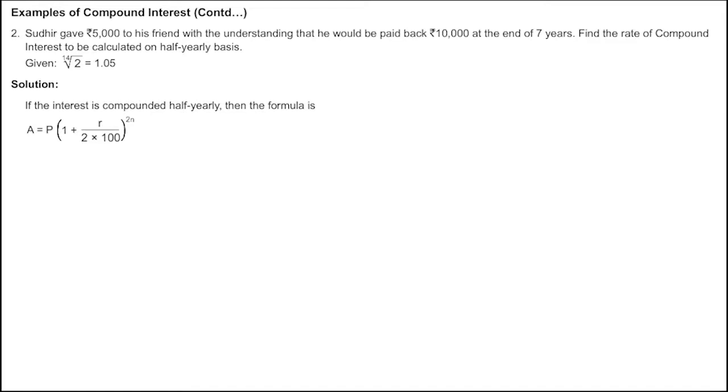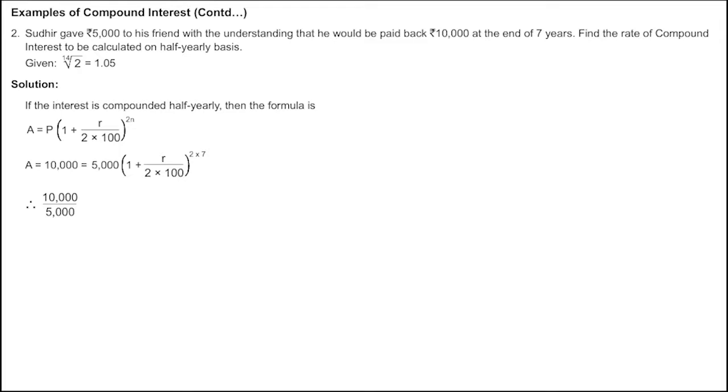So substituting all these values, we get 10,000 equal to 5,000 into 1 plus R upon 2 into 100 whole raised to the power 2 into 7. So when we take 5,000 on the left hand side, it goes to the denominator, because on the right hand side there is a multiplication sign between the first term, that is 5,000, and the second term, that is 1 plus R upon 2 into 100 whole raised to 2 into 7.